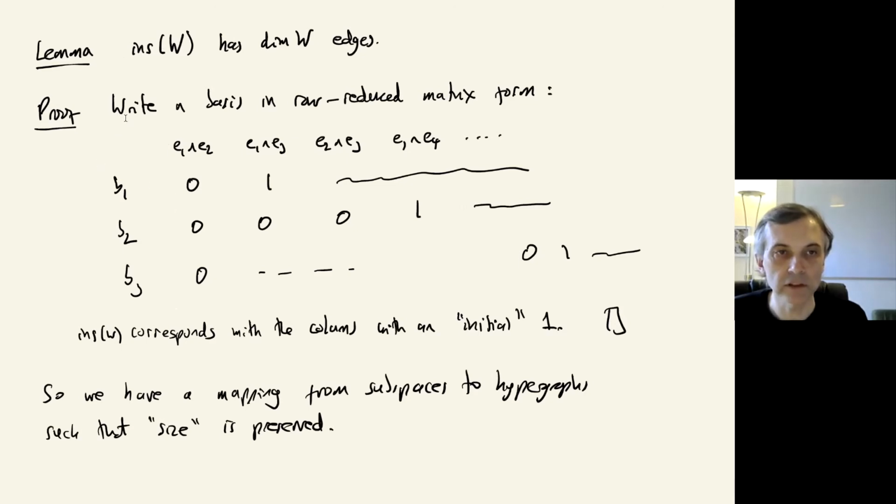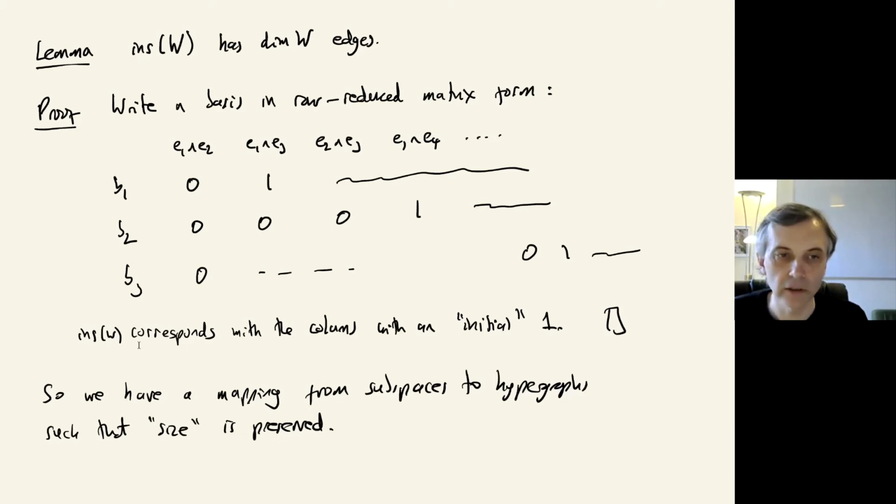Let's just take a basis for the subspace W, and let's write it in row-reduced echelon form. Okay, so here we are. Here's my basis, b1, b2, b3, after turning it into row-reduced echelon form. In each row, I've got a 1 somewhere, and they come later and later as I go. And we just note that if I take any linear combination of these, the earliest non-zero coefficient is always going to be in one of these columns where we have a 1.